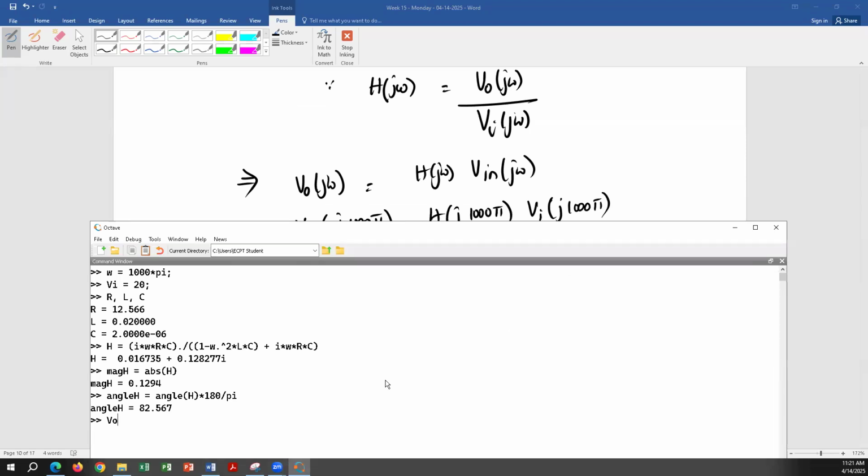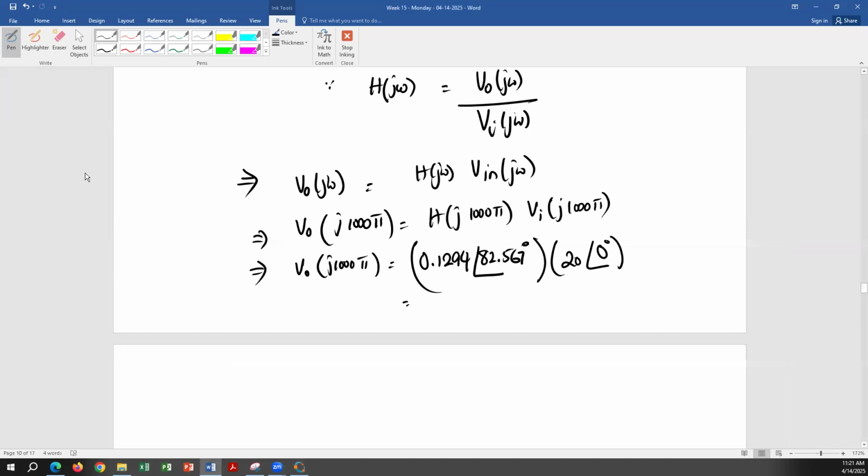So the magnitude of V out is 20 times the magnitude of H, which is 2.5873 angle 82.56 volt.